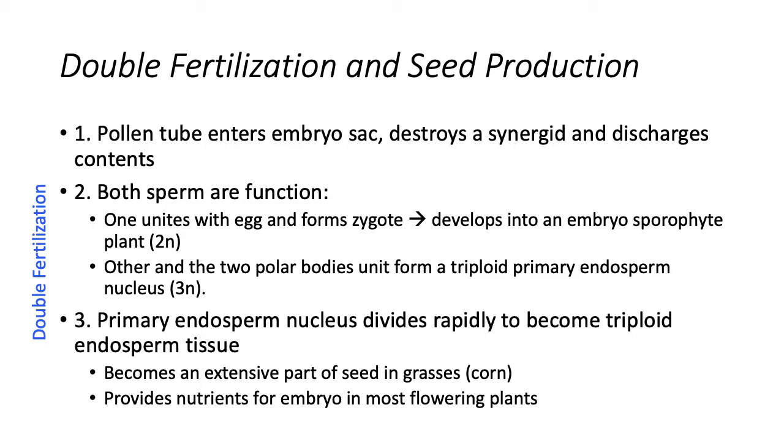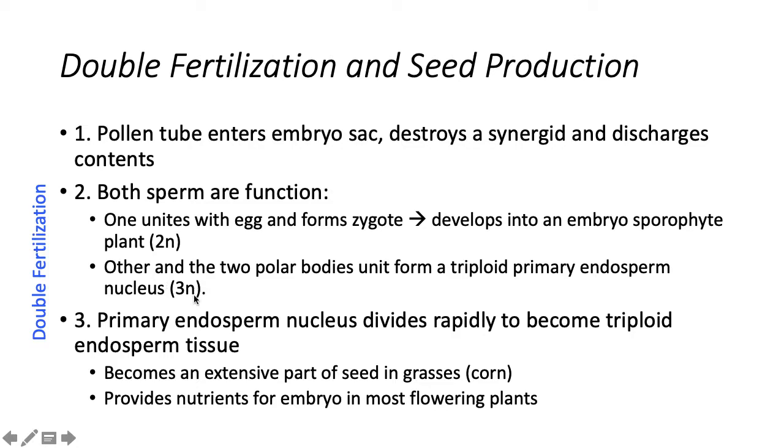Now it's got two sperm, and both of them have a function. One of the sperm will unite with the egg to form the zygote that will turn into the embryo sporophyte. The other sperm is going to fuse with the two polar bodies in the middle of the ovule, and they'll form a triploid primary endosperm nucleus, indicated as 3N.